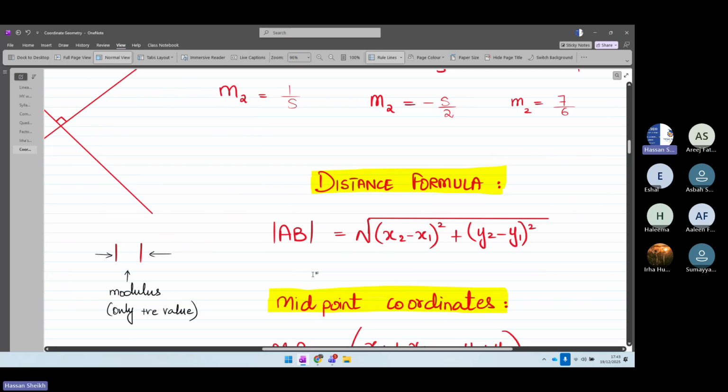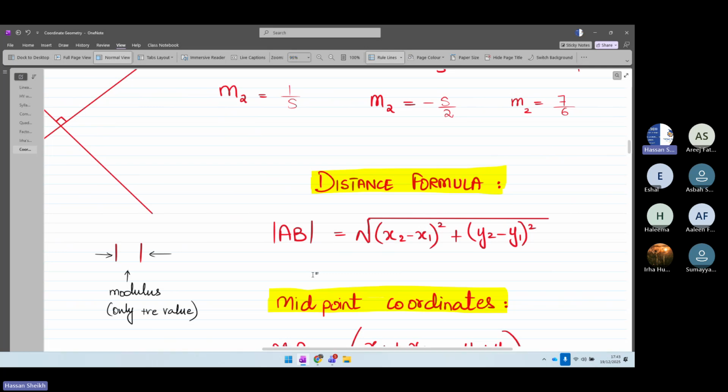Those two vertical lines represent modulus. Modulus is a function in mathematics which is used to ignore the negative value and it only takes the positive value. Now you may be wondering which negative value I'm referring to.